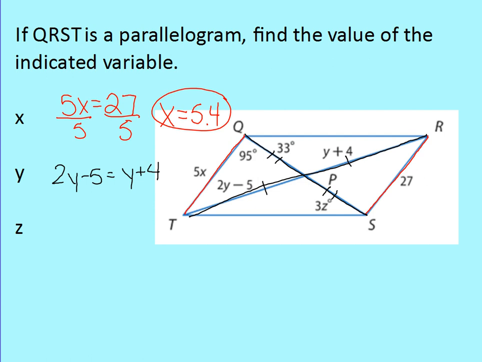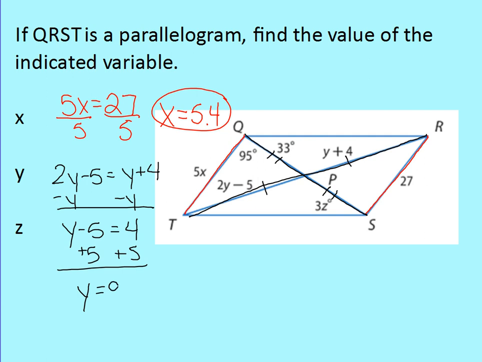Now if we subtract y from both sides, we have y minus 5 is equal to 4. We're then going to add 5 to both sides, because right now it's a negative, so we need to do the opposite. And we will get y is equal to 9.